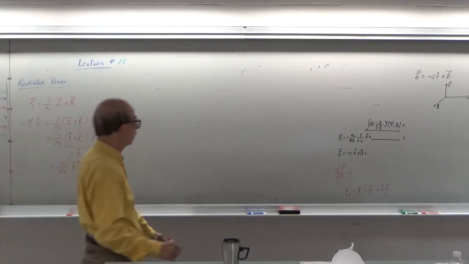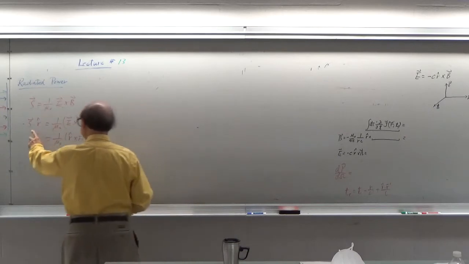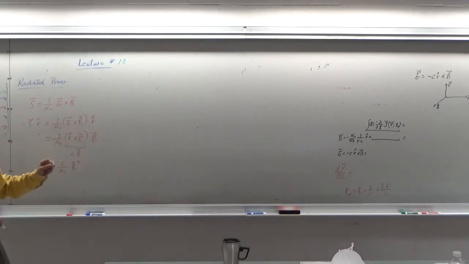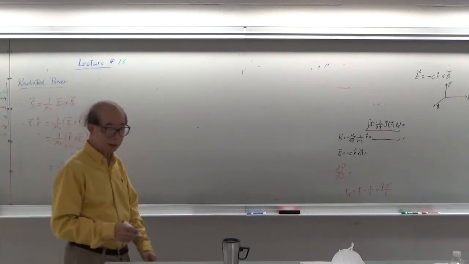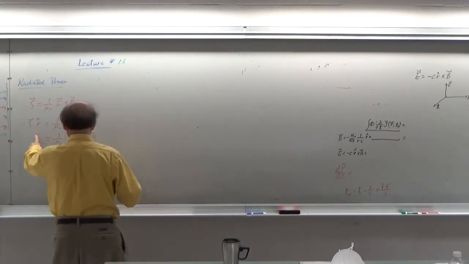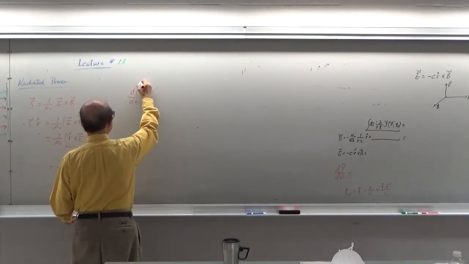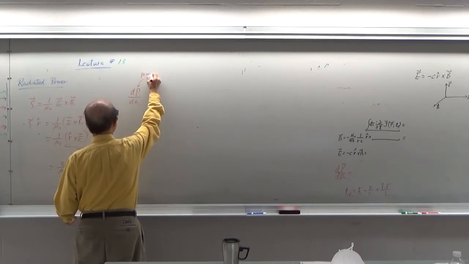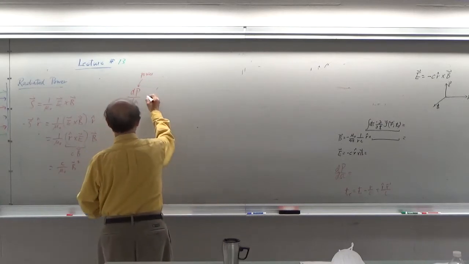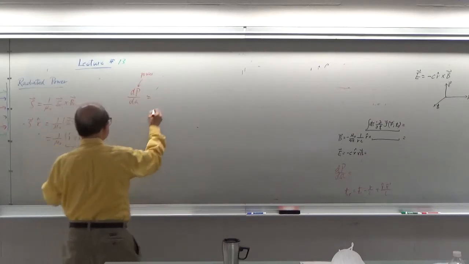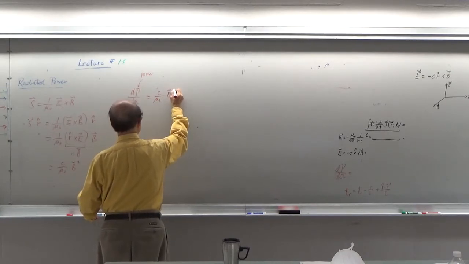And once we have B, we can write down the power per unit area. This P here stands for power, radiated energy per unit time, and this is the area. So this is what we have here: C over mu naught B squared.